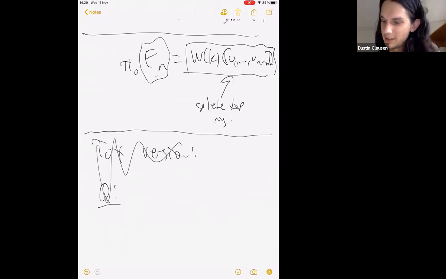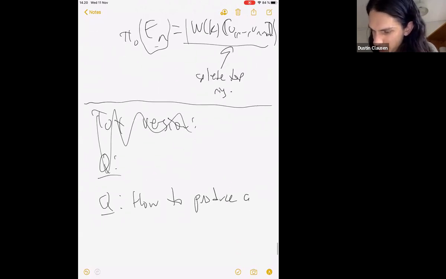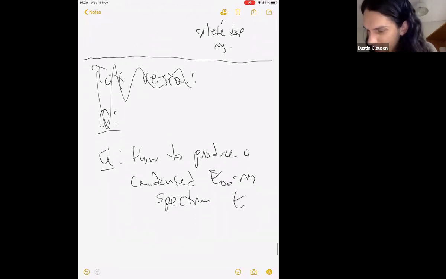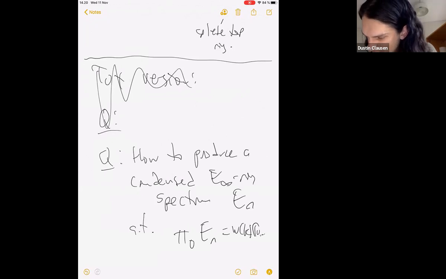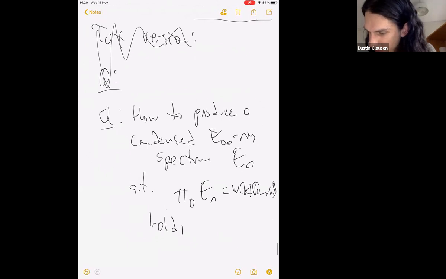How to produce a condensed E infinity ring spectrum, which I'll still just call En, such that pi 0 of En should still be even periodic, of course, but pi 0 of En holds topologically as condensed abelian groups.